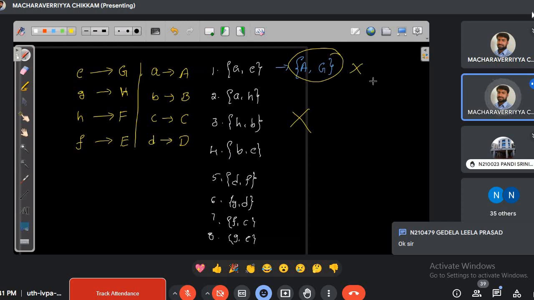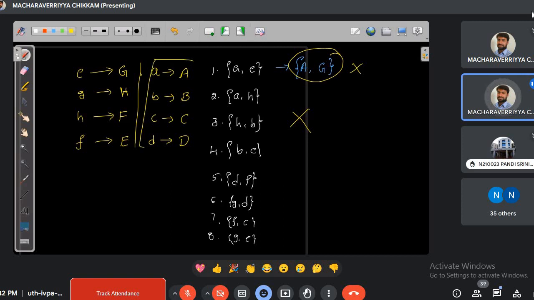Similarly, you'll try for some other assignment. So total number of functions from an 8 element set to an 8 element set is 8 factorial, right? But no need of checking 8 factorial here because we have a restriction, no? This ABCD can be mapped to capital ABCD and this small EFGH will be mapped to capital EFGH.